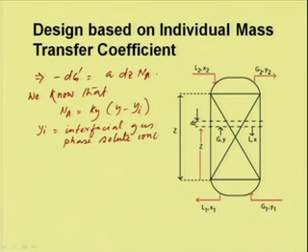So, if we put this in this equation and then rearrange, it will be a dz Na into (1 minus y) is equal to minus G dash dy.